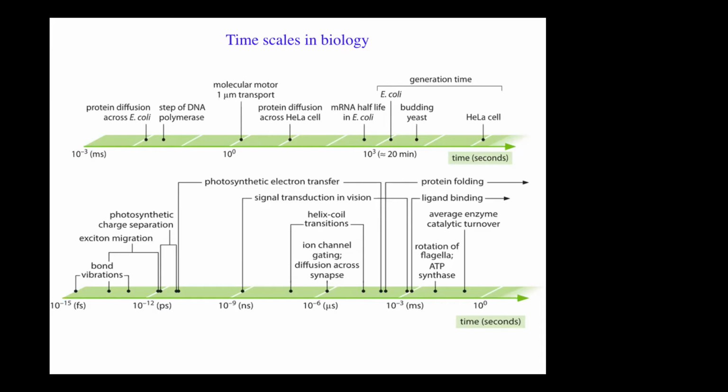The time scale that it takes for division is partly regulated by the control of the cell, because it determines when to turn on the cell cycle and how fast to divide. But also it has this hard limit because it takes a certain amount of time to make stuff. So, for example, if it takes 20 seconds to make one nucleotide linkage in a piece of DNA or RNA, and you need to make very long polymers, you just have to wait for the replication machinery to make that piece of DNA.